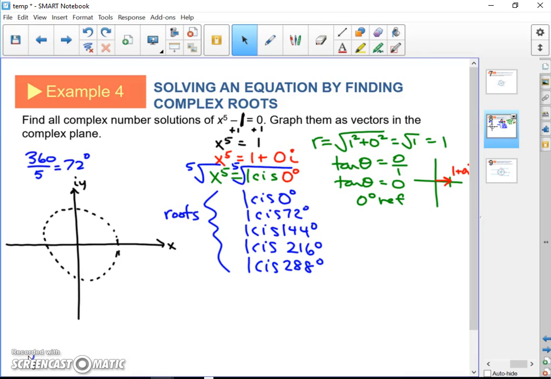It's going to be really hard to draw this without drawing that circle in there, so go ahead and draw it real lightly or dotted, so you can draw them out. 1 cis 0 degrees is going to be right there. Now to get 72, we're going to have to estimate, but that's okay. Do as good a job as you can. I'd say 72 is going to be about there, and 144 here or so. Doesn't have to be perfect.